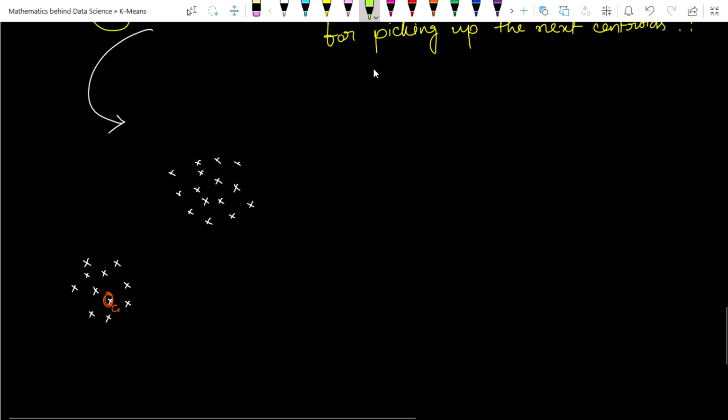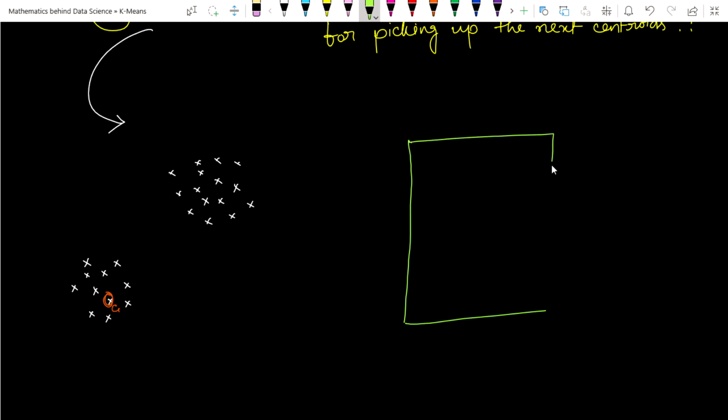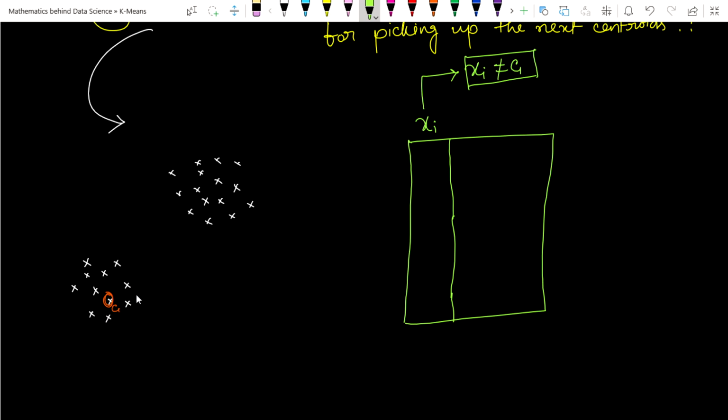Let's visualize this through a table. Here we have the xi. This xi is not equal to the initial random point c1; these are different points from the one we picked initially.